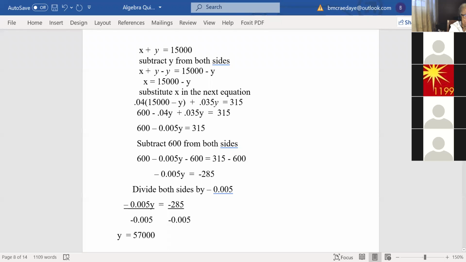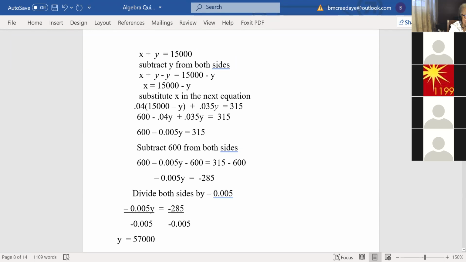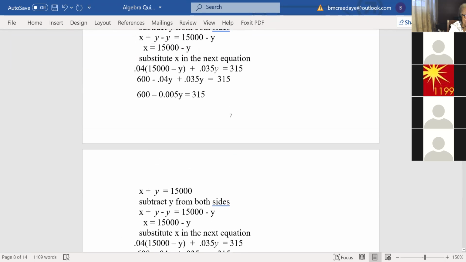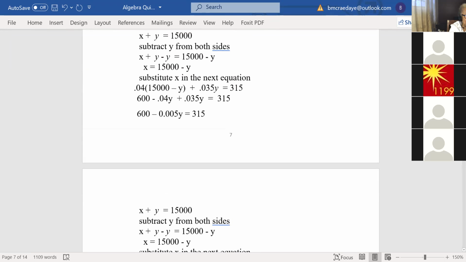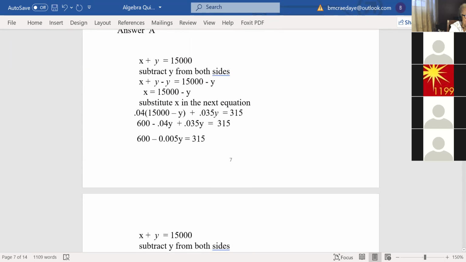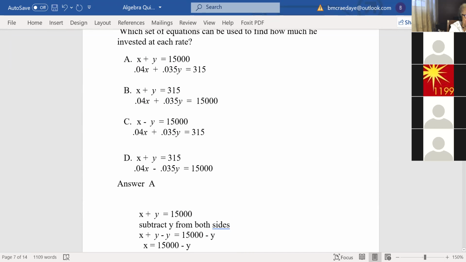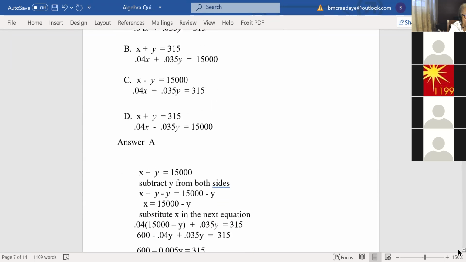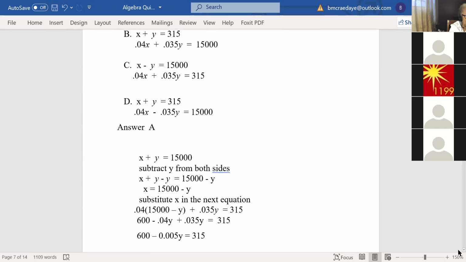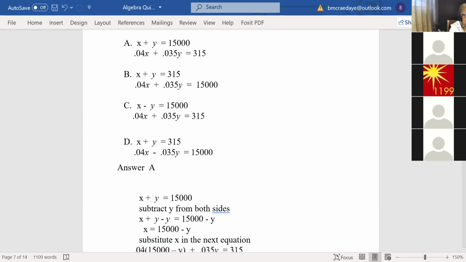But there's an error somewhere because the two should add up to 15,000, and we've got a number bigger than that. So let me go back up here. X plus Y is 15,000. 0.04X plus 0.035Y is 315.